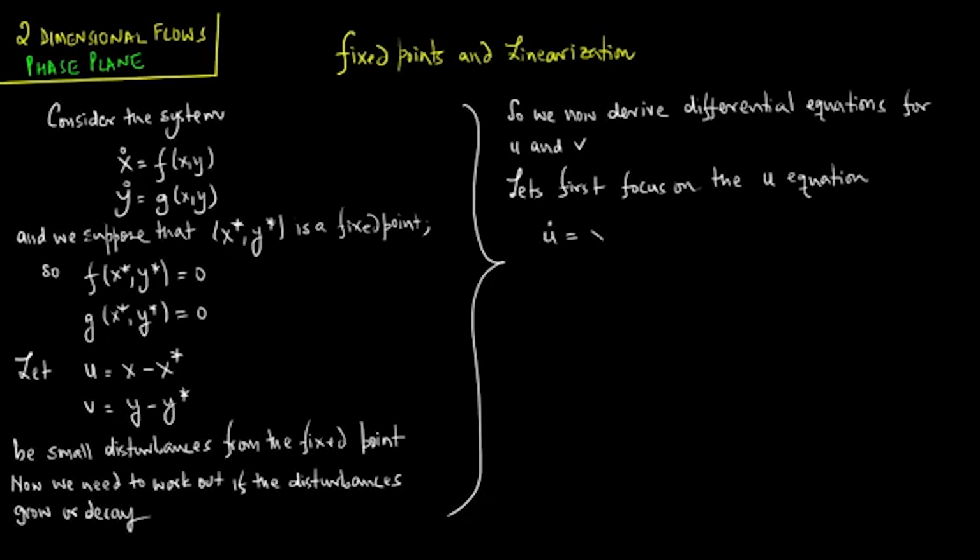So u dot is equal to x dot, as x star is a constant.